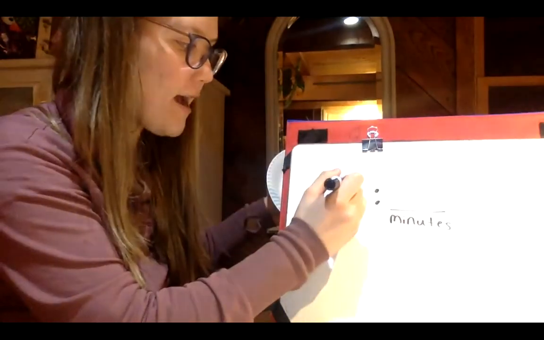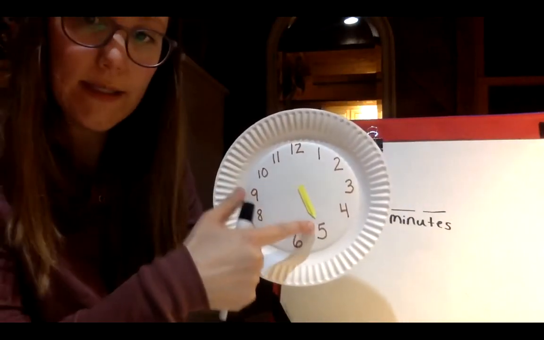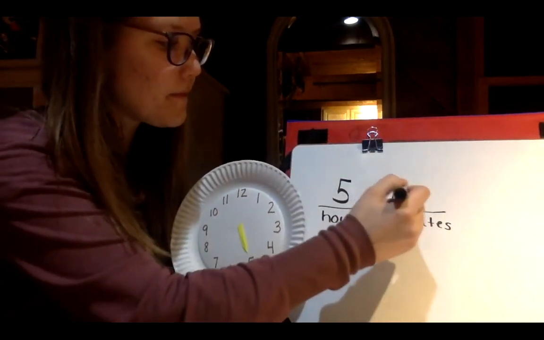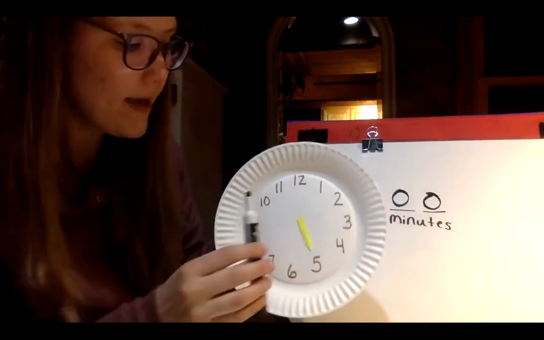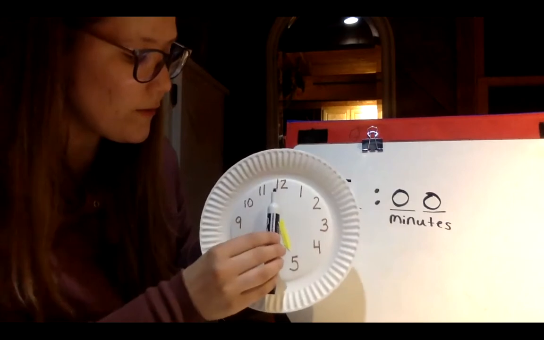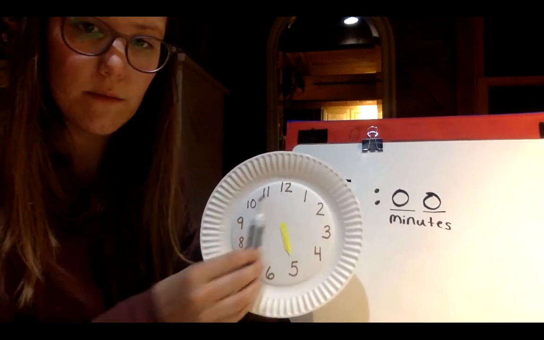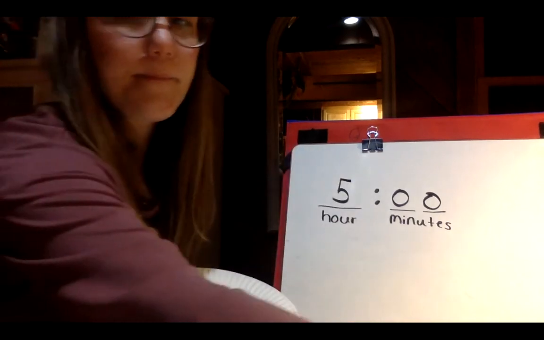I would write the 5 in the hour because that is where the hour hand is pointing. And the minutes are 0, 0. So anytime the minutes are 0, 0, you can imagine that minute hand pointing to the 12.